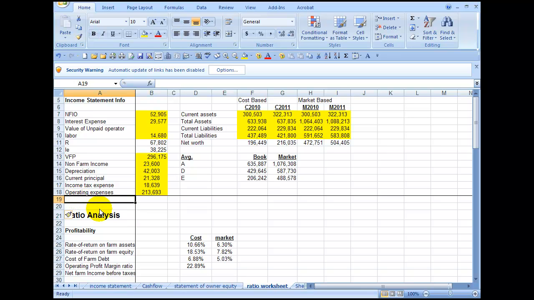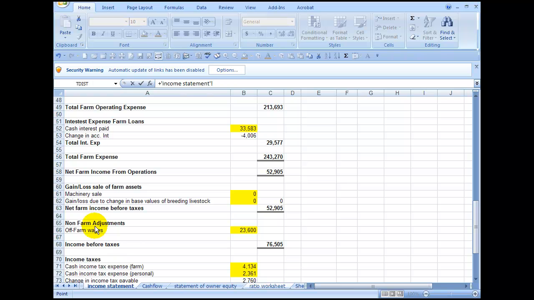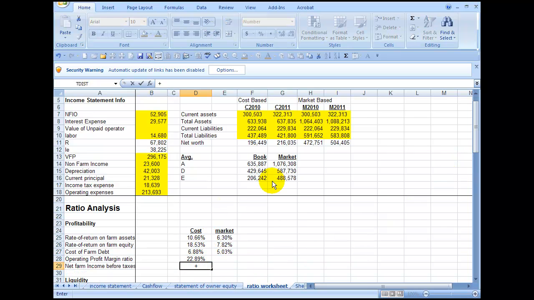So here is line 19, and I can say net farm income before taxes, make it yellow, plus go to your income statement, and here's net farm income before taxes. And then down here I can just refer to it, plus.